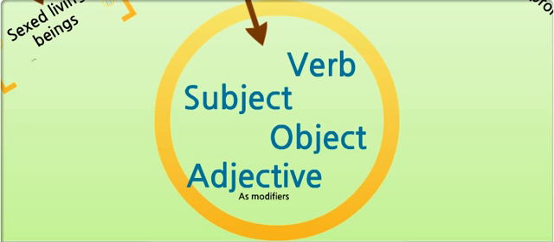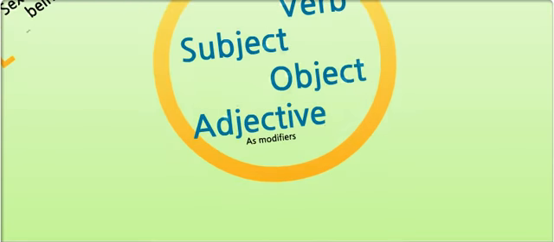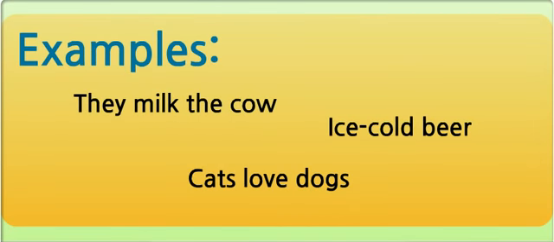It can only be a subject or an object, because Spanish falls short on that specific topic. Here we have some examples of nouns in English working as any of those I said. We have "they milk the cow." There we have milk, a noun that stands for a thing, working as a verb.